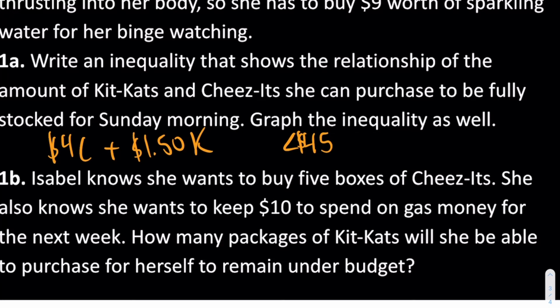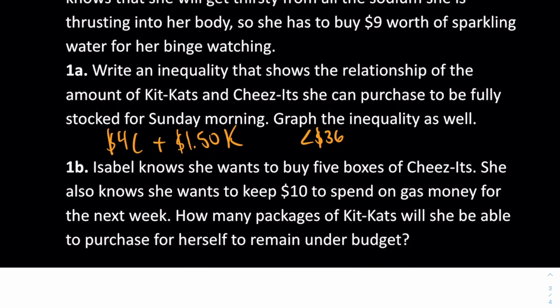When you move the $9, you're going to be subtracting it. So really, the inequality that you're going to put in a graphing calculator is going to be 4c plus 1.5k is less than $36, because 45 minus $9 is $36.